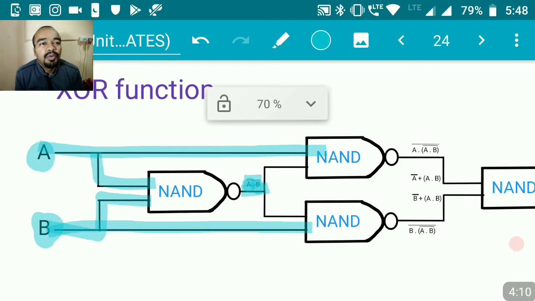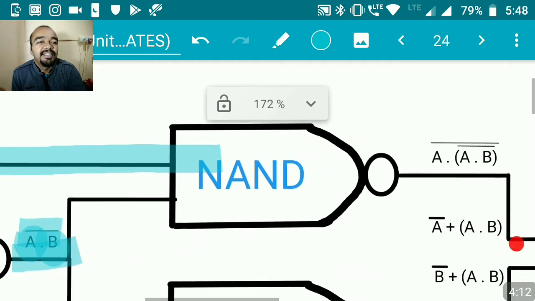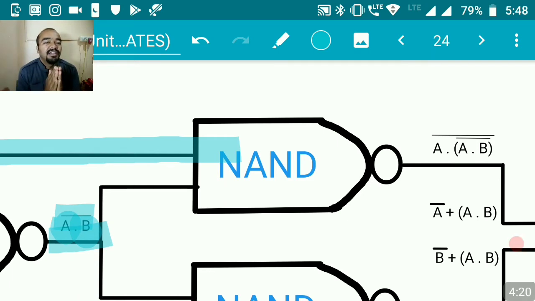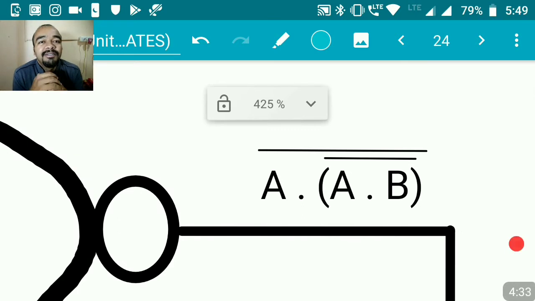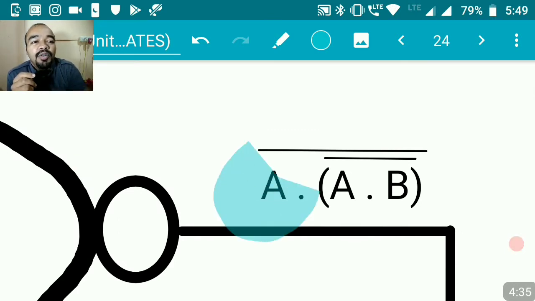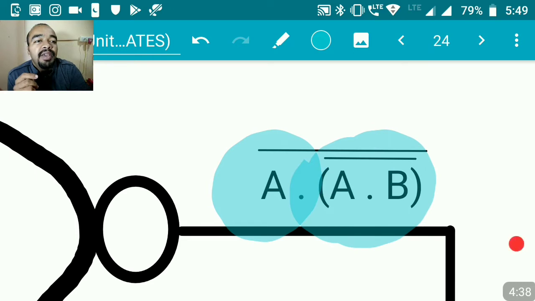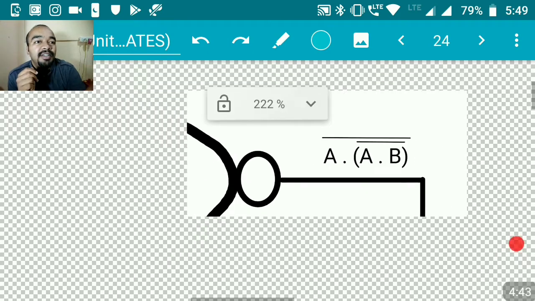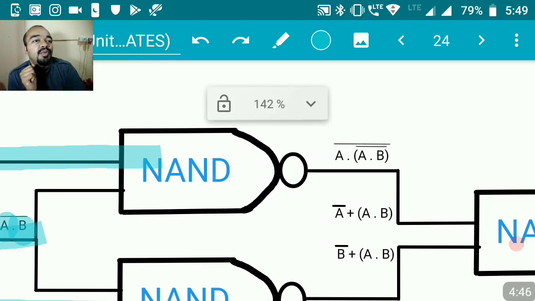What will be the output of the second NAND gate? We already have the first NAND gate's output as (A and B) whole bar. One more input that we are giving to the second NAND gate is A, and so the equation at its output is (A and (A and B) whole bar) whole bar.